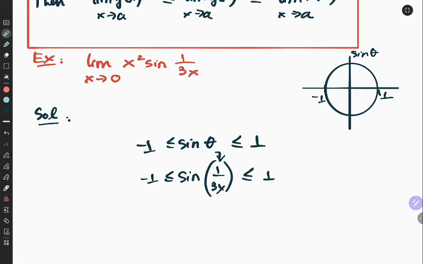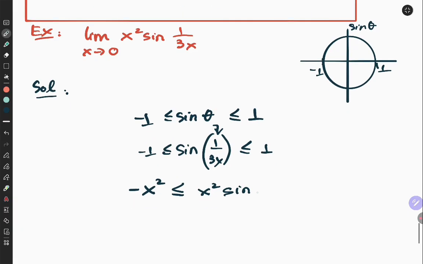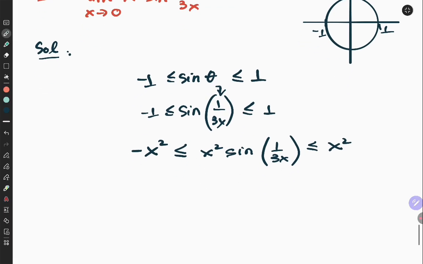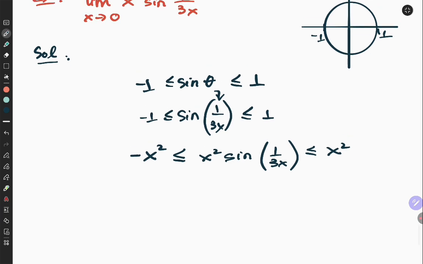Multiply by x squared. We just set up the squeeze theorem.